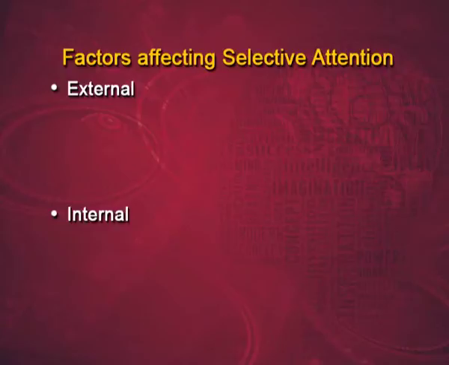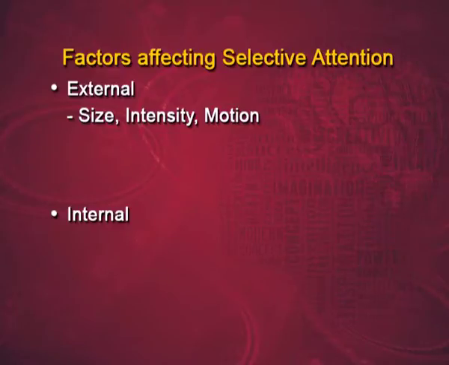External factors are like size, intensity, or motion. Studies have shown that objects which are larger in size are noticed or attended to more readily. Objects which have more intensity, or things that are moving constantly, are paid more attention to as compared to static things.